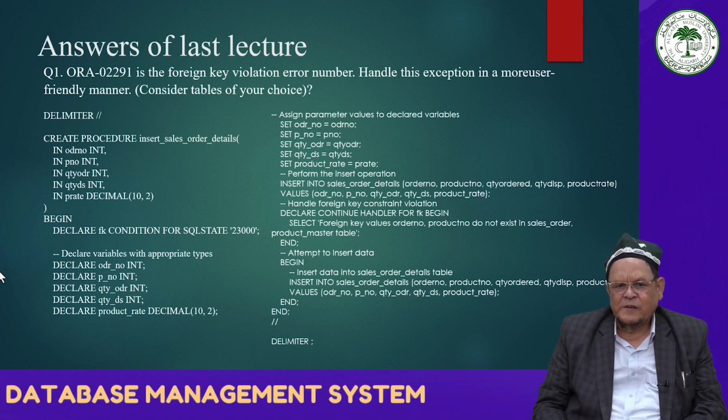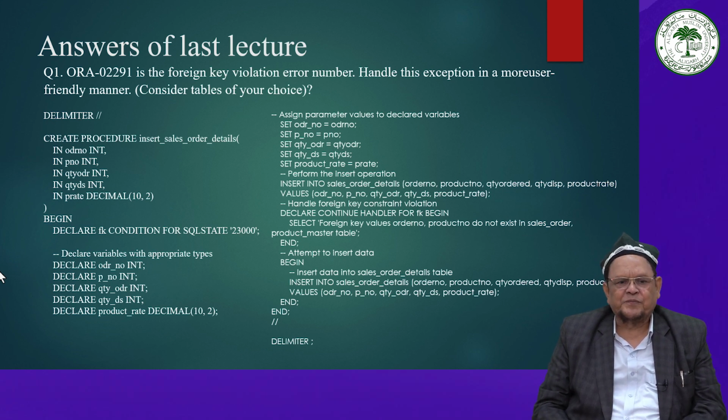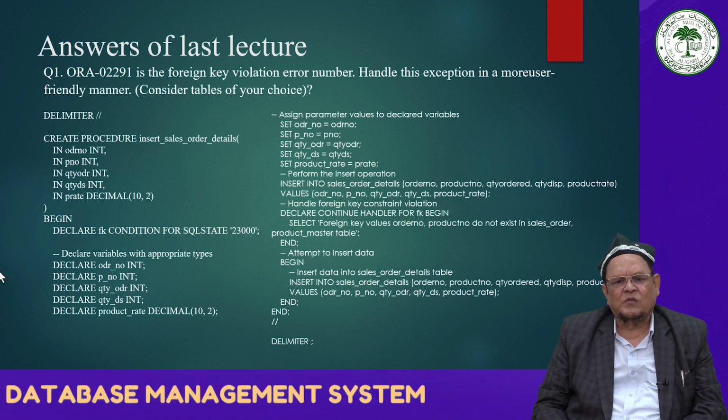And then after that you have to assign the parameter values to the declared variables. Here set order_number equal to order_number, set P_number equal to P_number, set quantity_order equal to quantity_order, set quantity_ds equal to quantity_ds, set product_rate equal to P_rate.